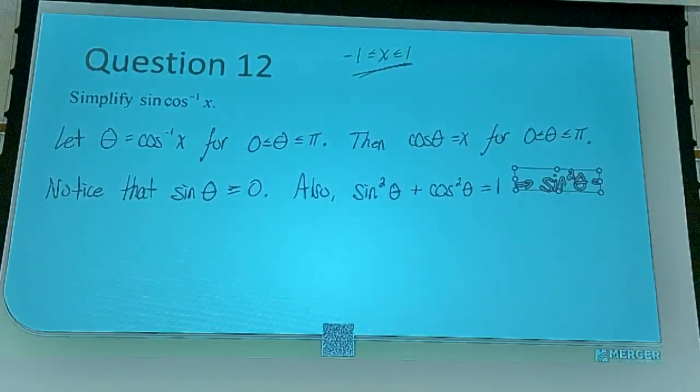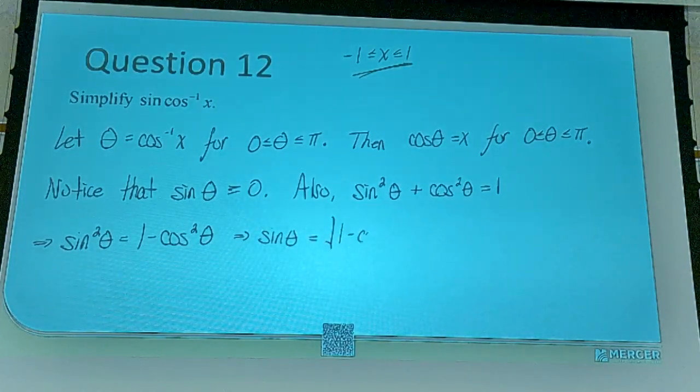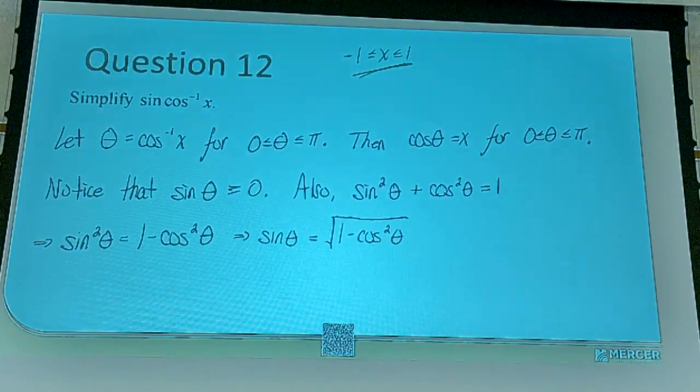That means sine squared of theta is 1 minus cosine squared, right? Or sine of theta is the square root of 1 minus cosine squared of theta. Notice, I don't need the plus or minus, because we just said sine is always non-negative.